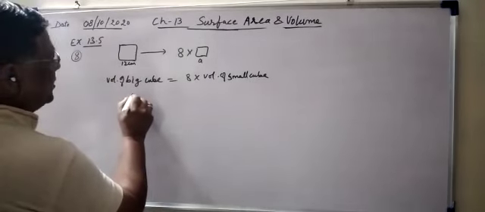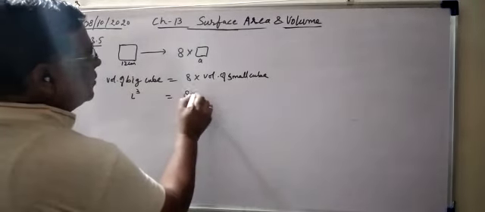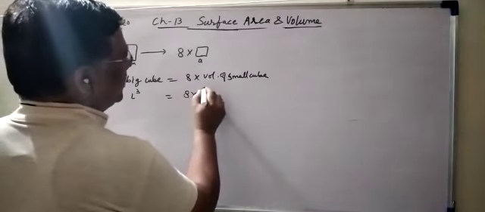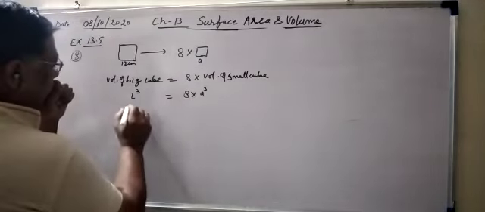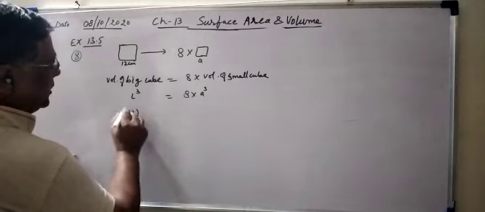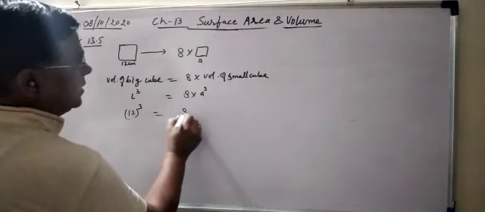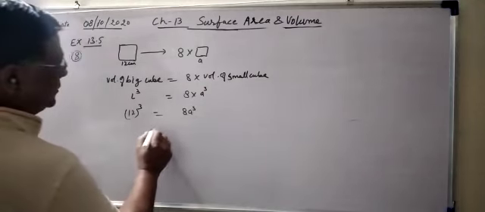This length is 12 centimeter, 12 cube equals 8 a cube.